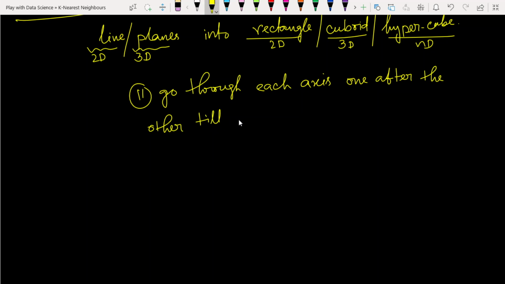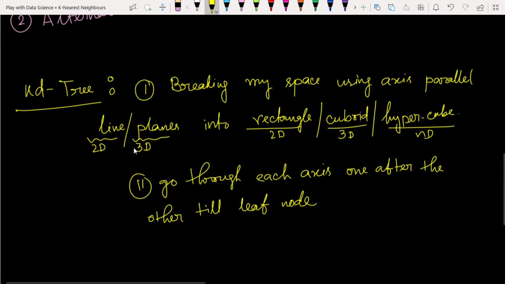We continue until we reach the leaf node, so we keep doing this job. So first, we build a KD tree by breaking the space using axis parallel lines or planes into a rectangle, cuboid or hypercuboid.